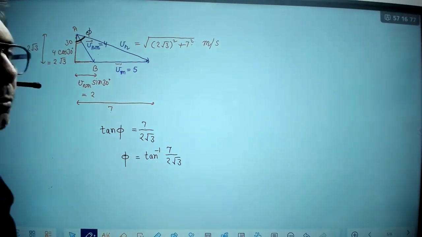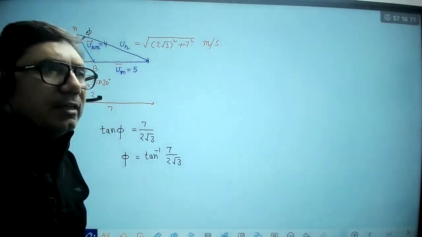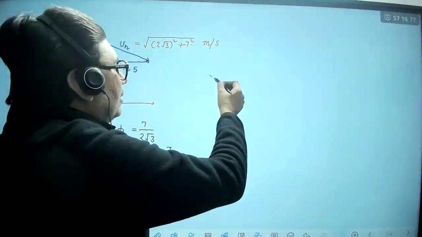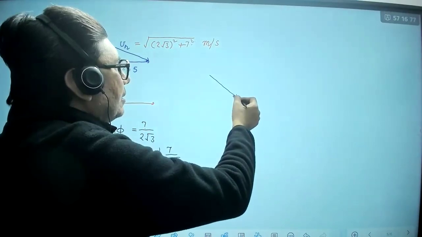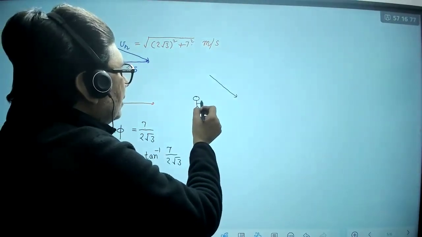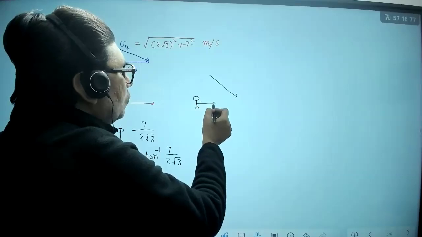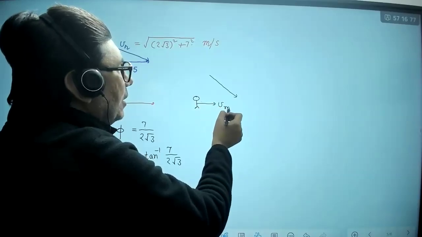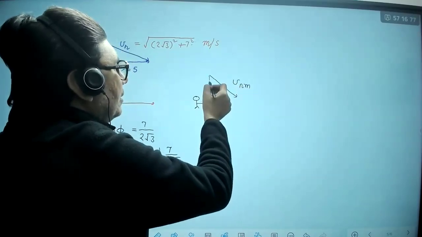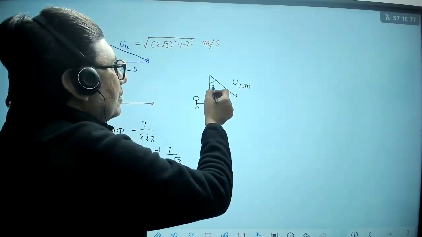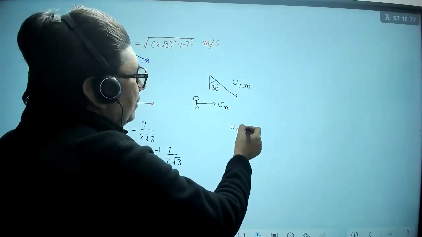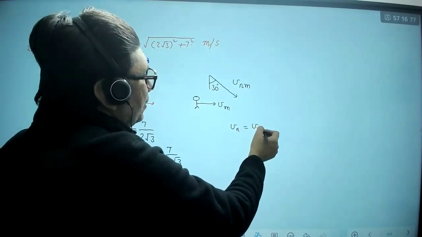So these questions may look very difficult, but they are very simple. If rain is falling from the backside and the person is moving in this direction, this is VM. He is observing that this is VRM at 30 degree. You should remember that VR is equal to VM plus VRM.